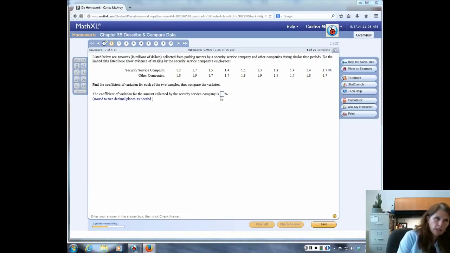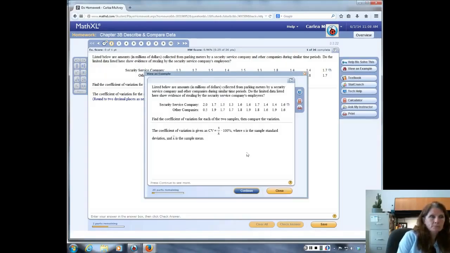You're just going to take the standard deviation that you know how to find and divide by the mean. We can look at an example over here. You put in all your values, and then whatever you get for S, which is your sample standard deviation, you divide by the mean that you get, and then you multiply by 100 to get the percentage. And then you do it for the second one.